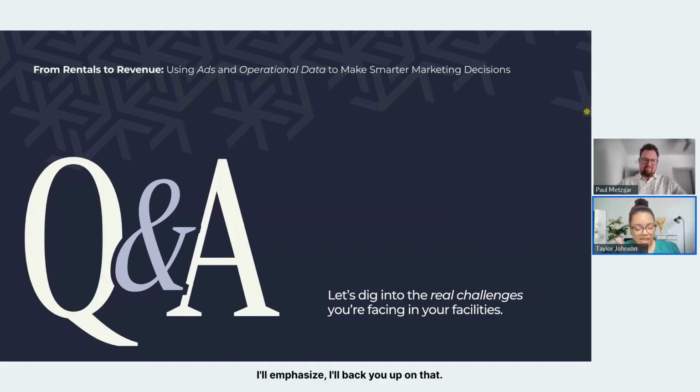Absolutely. I'll back you up on that. It really is so much about the individual facility. There are no two facilities that have the exact same situation. It varies so much by the competition in the area too, especially when we're talking about Google Ads, how many dollars are in the pool of the area you're trying to target and the keywords you're trying to target.